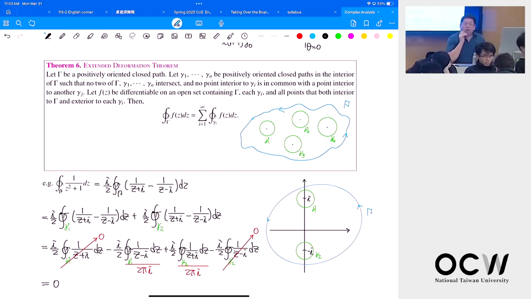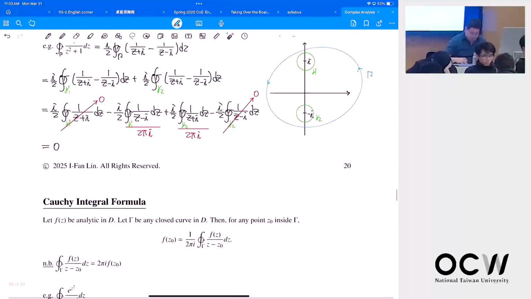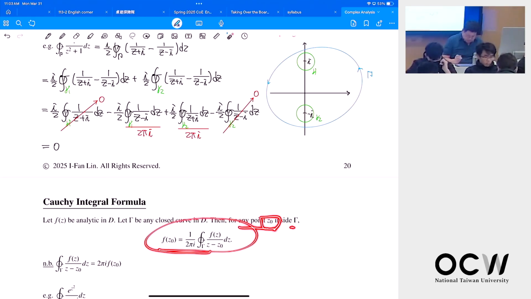All right, if you don't have any questions, then based on this concept, we have the Cauchy integral formula. I have a complex function that is analytic, which means this function is differentiable in the region D, and there is a tau that is a closed curve in this region D. And for any point z naught in this tau, we have this formula. If we plug in z naught, that will be 1 over 2 pi i times the integration.